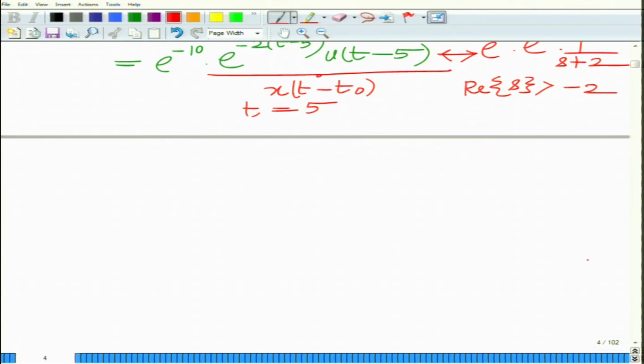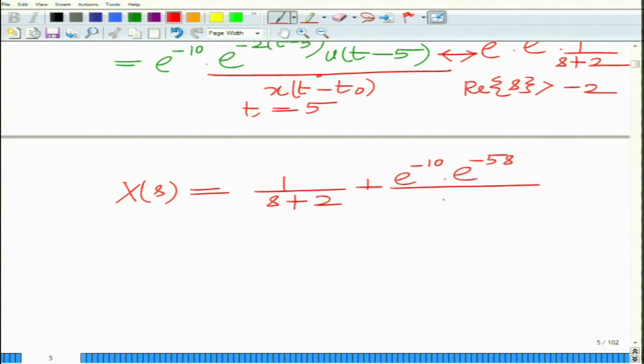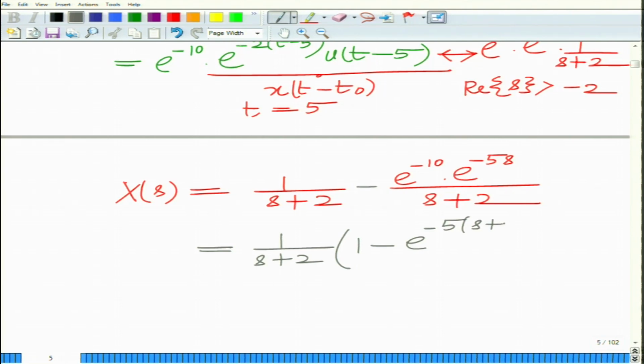Therefore, the final Laplace transform, that is X(s), will be the sum of the two Laplace transforms: 1 over s plus 2 plus e raised to minus 10 e raised to minus 5s divided by s plus 2, which is equal to, I am sorry, this will be a minus: 1 minus e raised to minus 5 into (s plus 2), divided by s plus 2, and the ROC will be real part of s greater than minus 2.